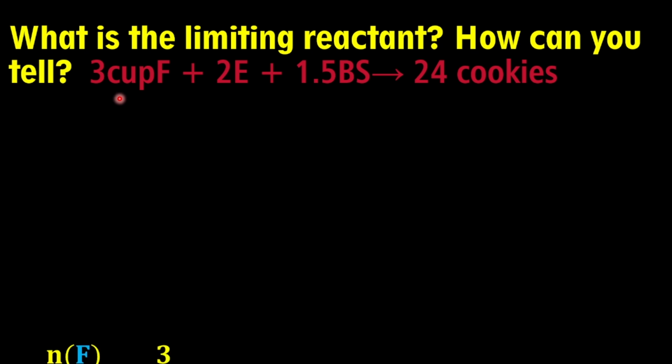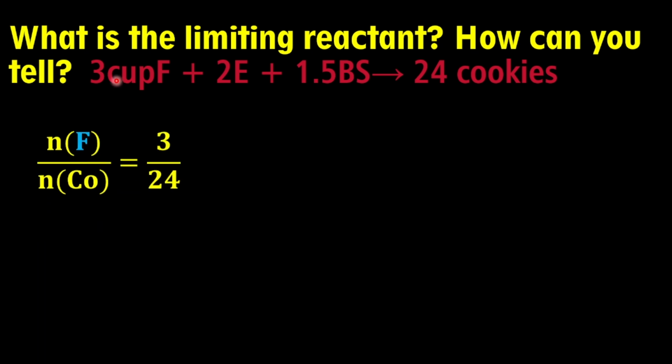So let's start. From the question, we have n of F. The n of F means the moles of the flour over n of the cookies. Take note of this. We always determine that of the product. So it is the product against the reactant.